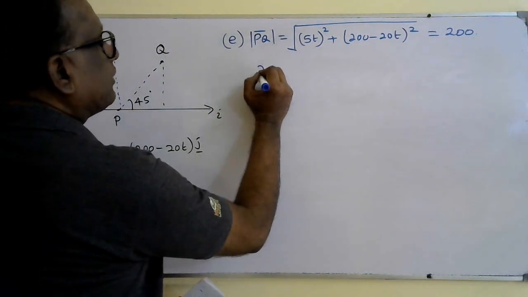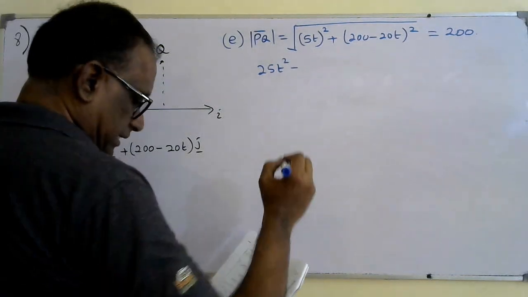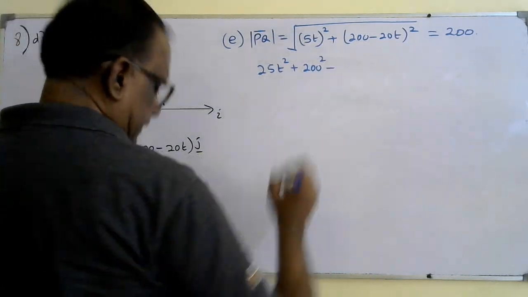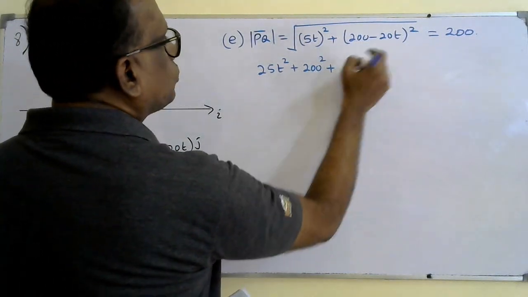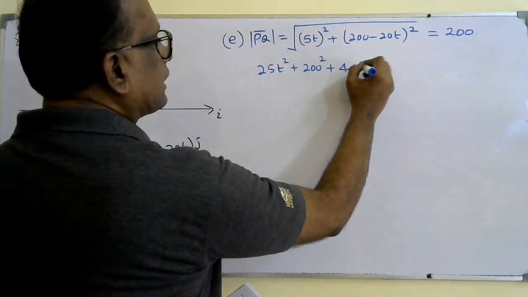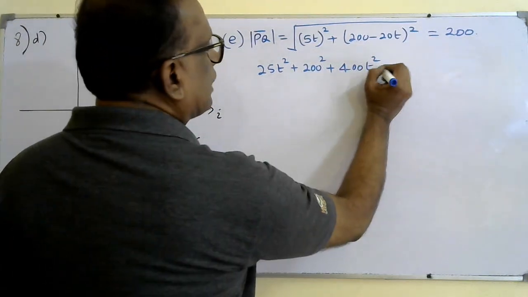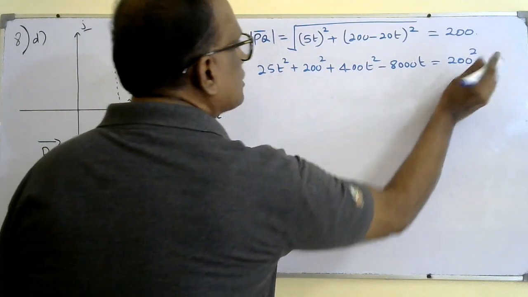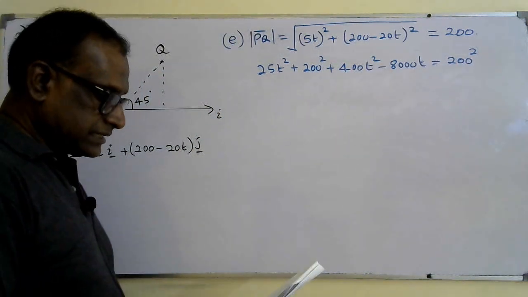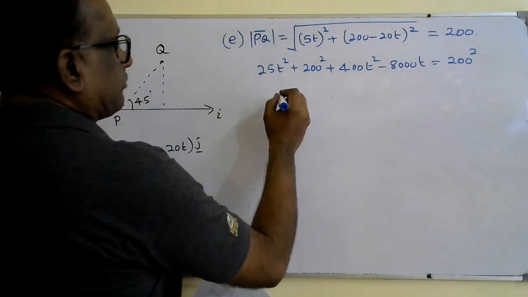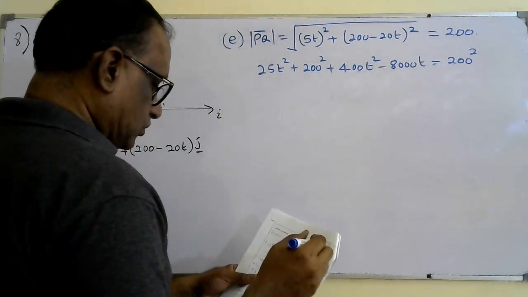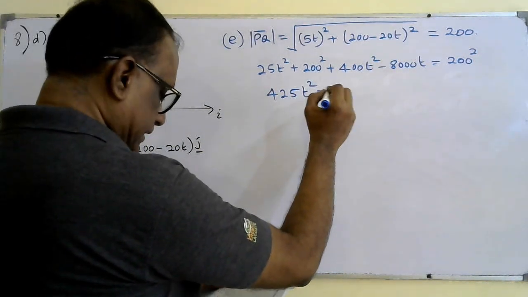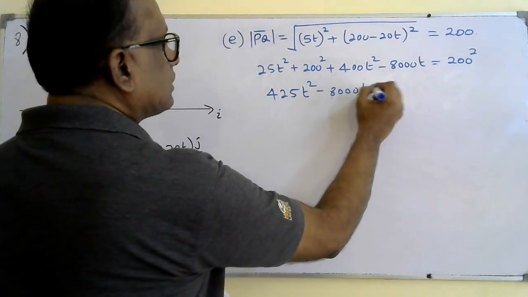We will get 25t squared plus 200 squared minus 8000t plus 400t squared equals 200 squared. 200 squared will get cancelled. Rearrange it, and you will get the equation 425t squared minus 8000t equals 0.